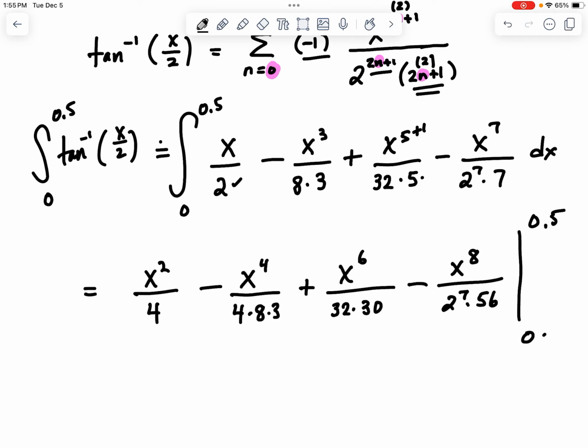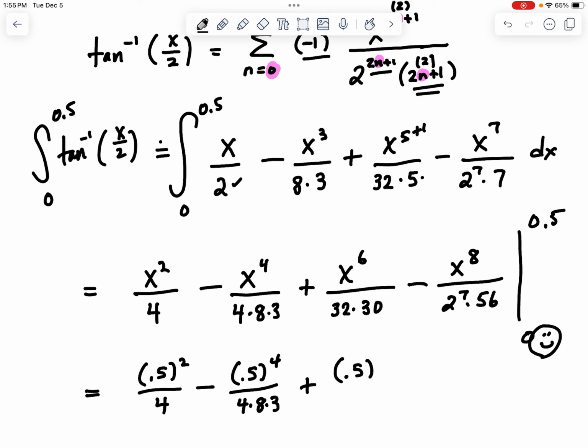And then our work is cut in half because when you substitute 0, it's going to contribute 0. So basically we just need to know how much is 0.5 squared over 4, and then 0.5 to the 4th over whatever 4 times 8 times 3 is.